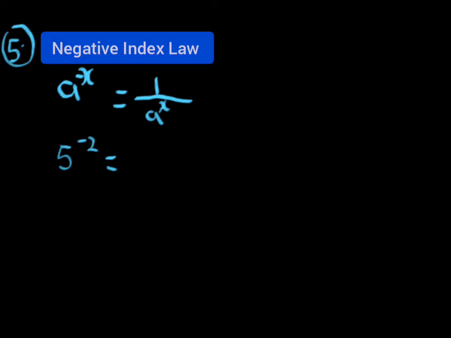So this gives us 1 divided by 5 squared. 5 squared gives us 25, so 1 divided by 25 would be your answer.